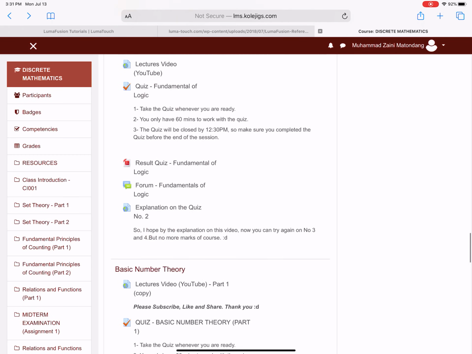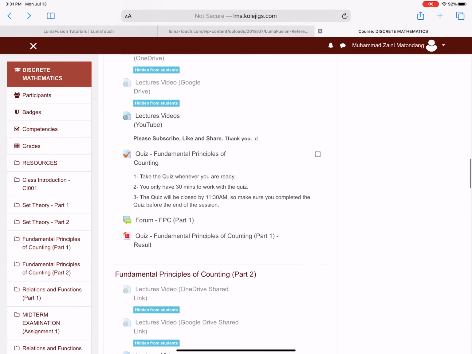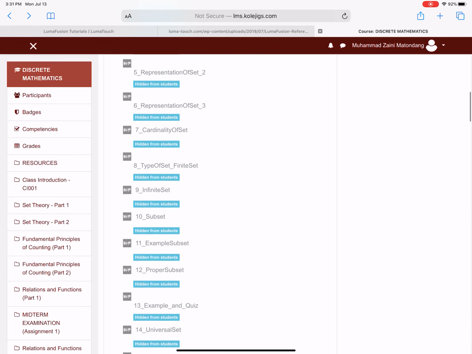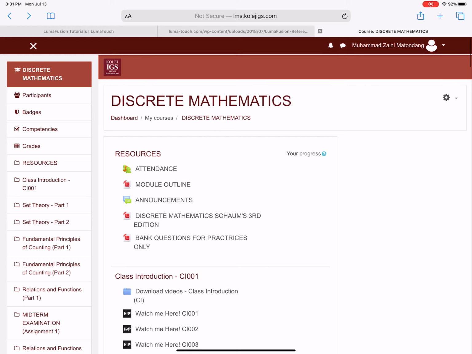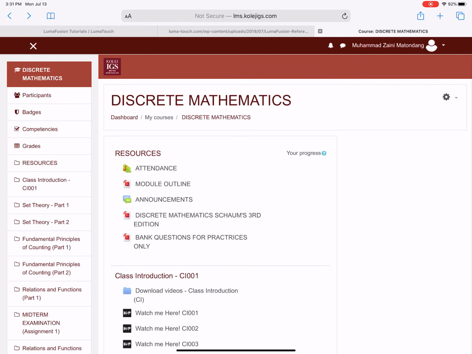And I'm not sure whether you realize, or maybe some of you knowing it already, in the LMS I already uploaded two things here. The first one, you see the Discrete Mathematics Sound 3rd edition.